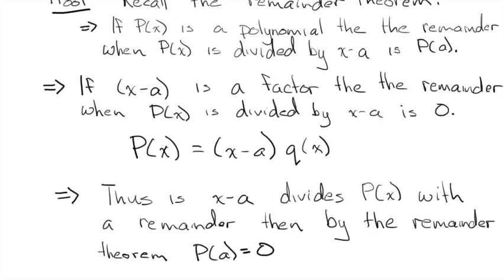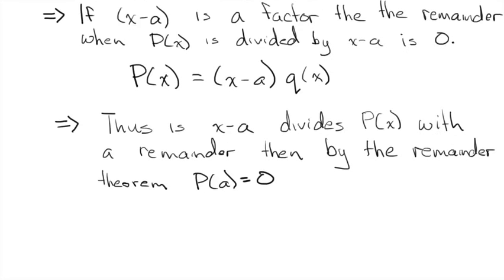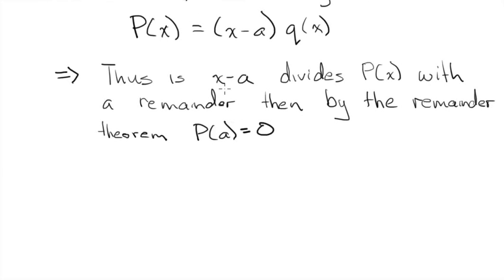p at a must be equal to that remainder, which was 0. But this is exactly what the factor theorem said. This is what we wanted to prove, that if x minus a divides this, then the remainder is 0, so p at a is 0. Therefore, basically the theorem's true.